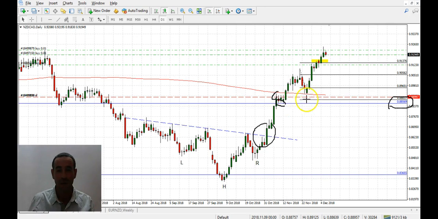Later on, we saw another interesting engagement with the 200 daily moving average, which also provided the necessary support for price to continue on the way up. So we really like what we see so far. The latest update here was that it was able to break a local resistance level, the 91.37.